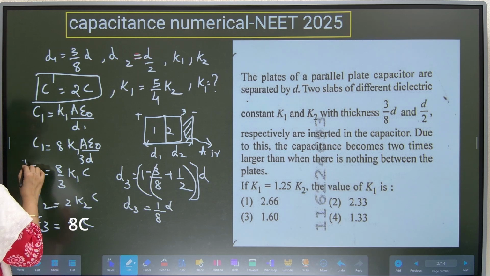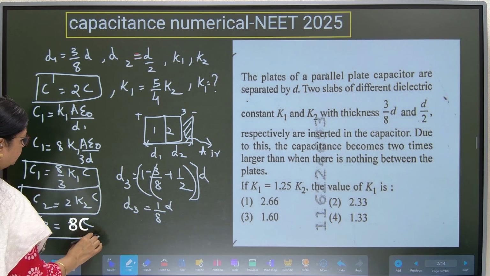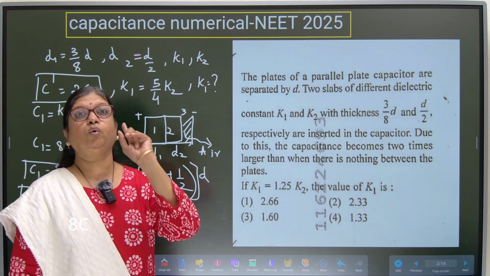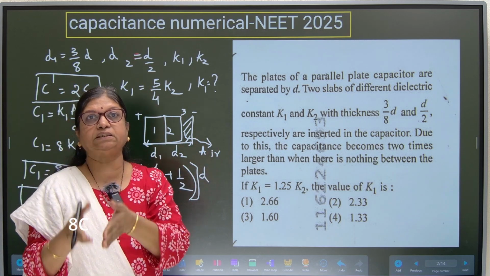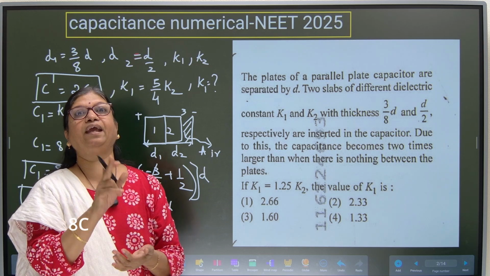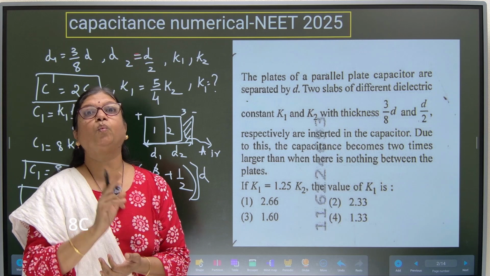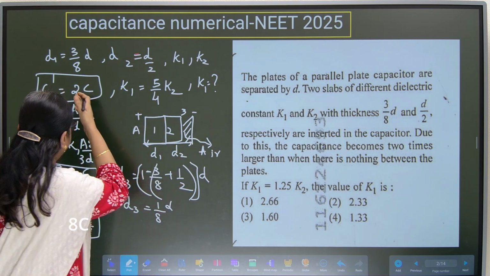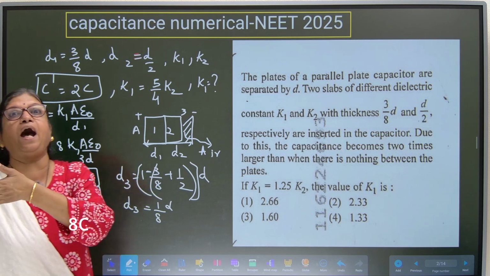with C1, C2 and C3. Now comes the situation where you have to understand whether these 3 portions are in series or in parallel. They are in series. Why? Because A is the same for all 3 of them, but d is in parts.